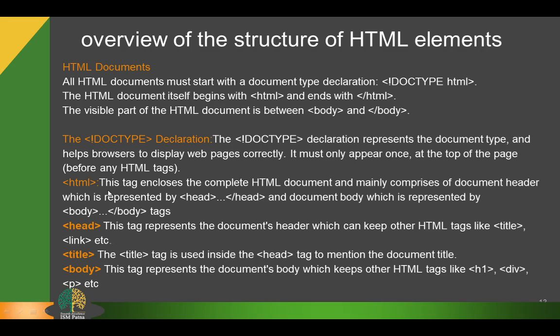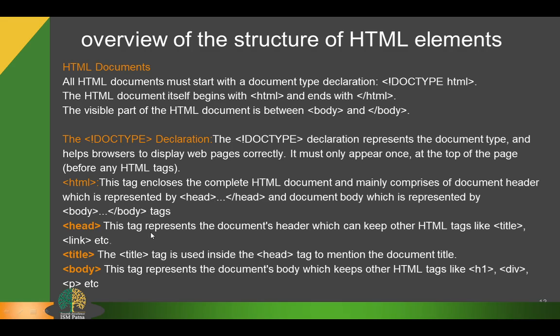The HTML tag encloses the complete HTML document and it mainly comprises the document header, which is represented by the head tag, and the document body, which is represented by the body tag. We can say that the HTML tag has two subtags, that is head and body. Inside head we have different tags, inside body we have different tags.